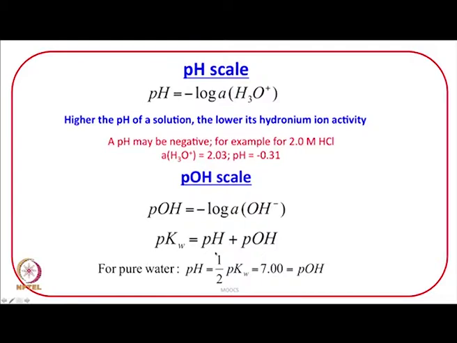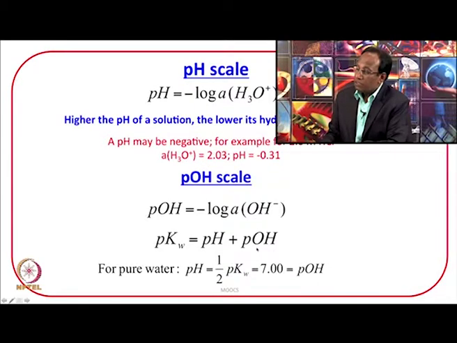Once again, this is because, as we just discussed in the previous slide, the activity of hydronium ion and the activity of hydroxide ion are the same for pure water. Therefore, pH and pOH will also be the same, each equal to half the value of pKw. pH is equal to pOH.